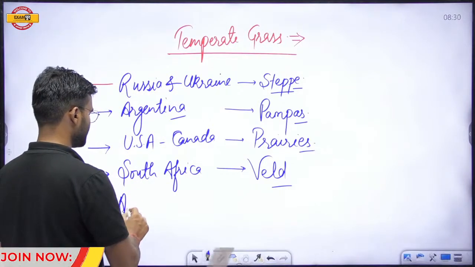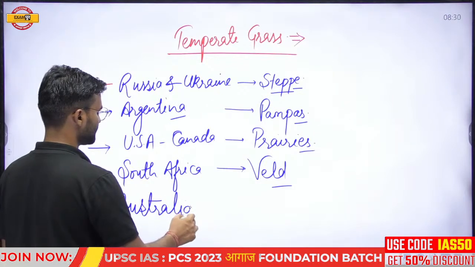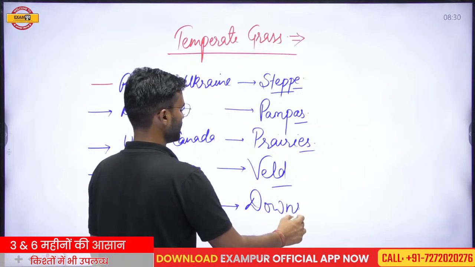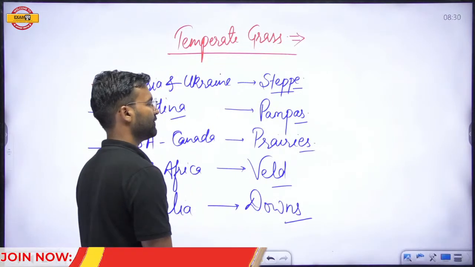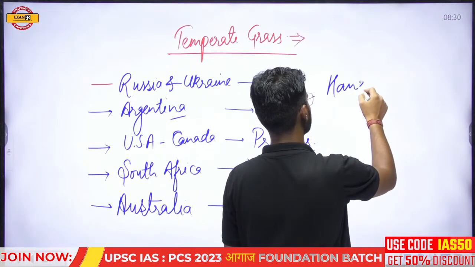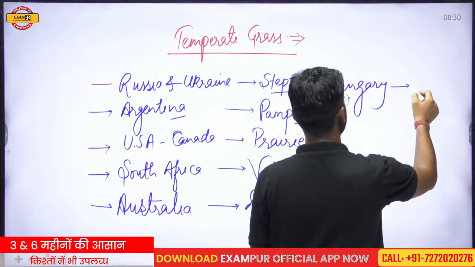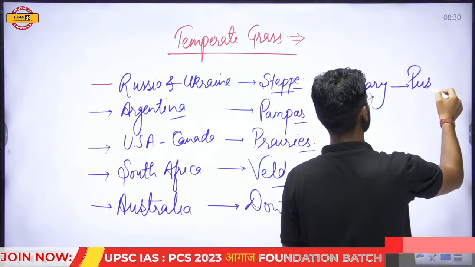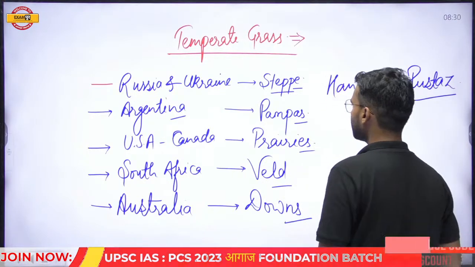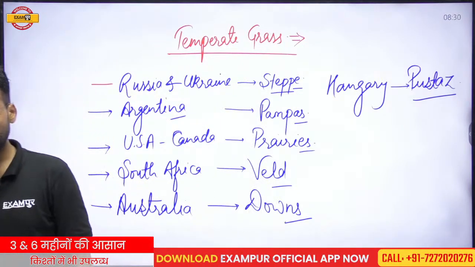If this grass is found in Australia, this type of grassland is called the downs. If such grassland is found in Hungary, it is called the pustas. So pustas is the grassland which is found in Hungary.